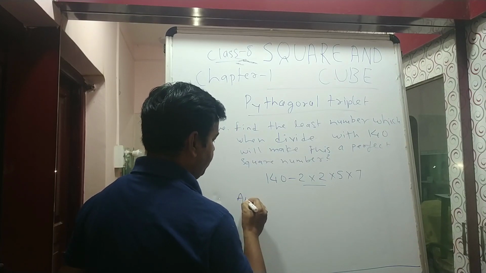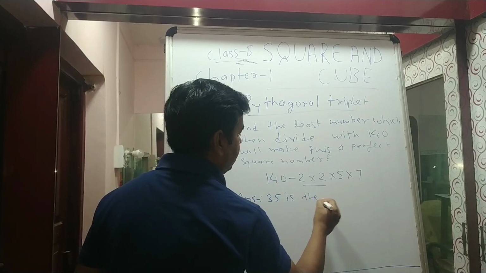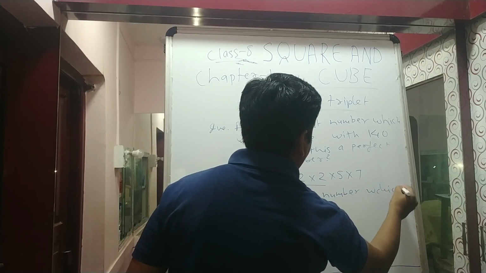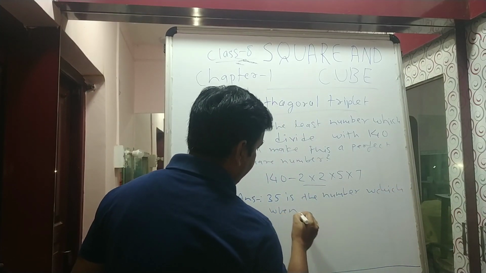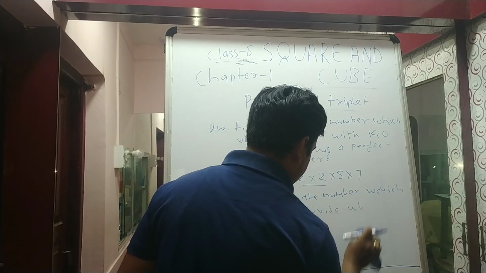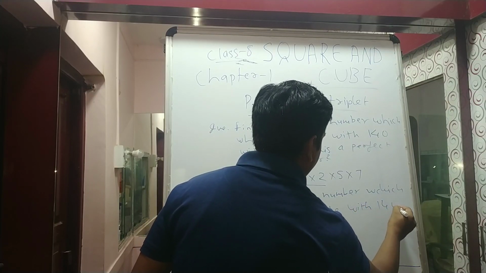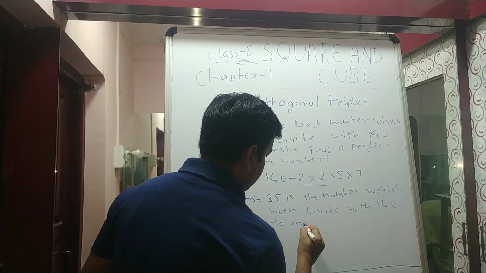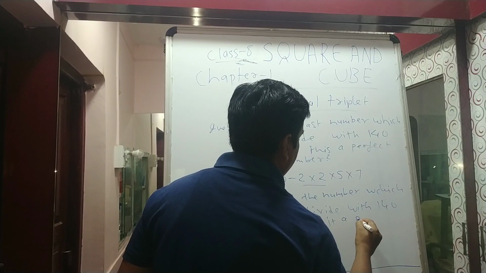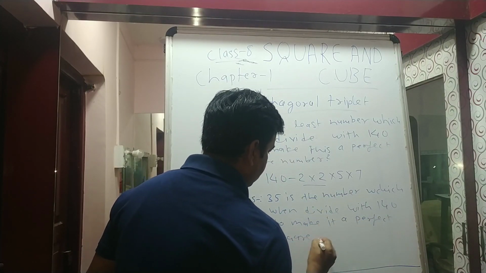So our answer should be 35 is the number which when divided with 140 will make it a perfect square number.